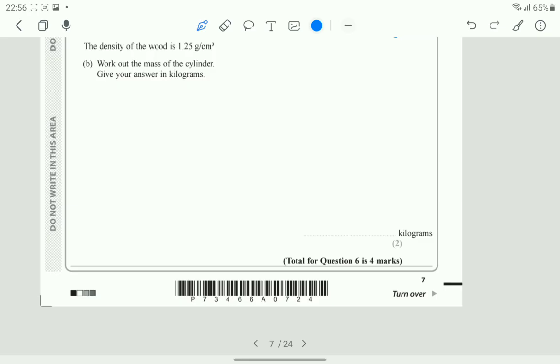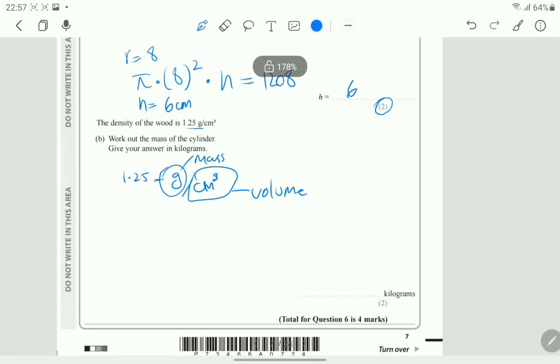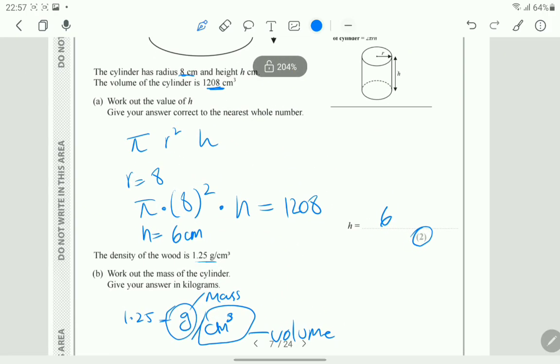Well, that sounds pretty dumb, but this is not a physics exam, so let's just focus on what's given to us. 1.25 equals mass in grams over volume in centimeters cubed. We do not know the mass, so this is the unit for mass, grams, and this is the unit for volume, centimeters cubed, which we calculated in the first part. Well, we didn't even calculate it, it was given to us.